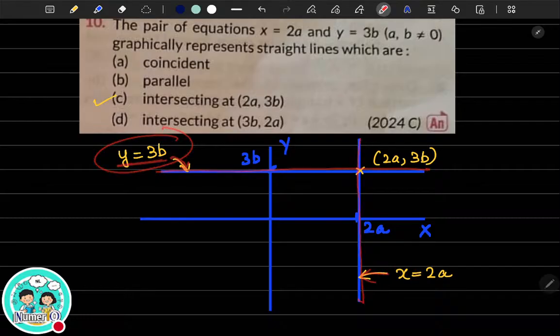Always have the habit of writing which linear equation is representing a specific line. Always make sure your diagrams are self-explanatory so that you will get marks. Okay, is it clear to everybody? Okay, can we move on to the next?